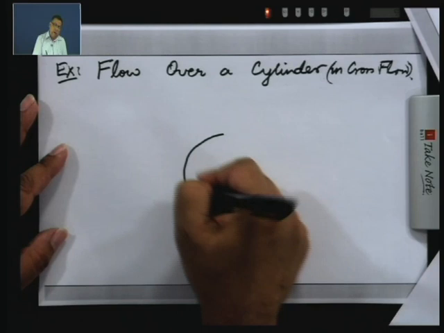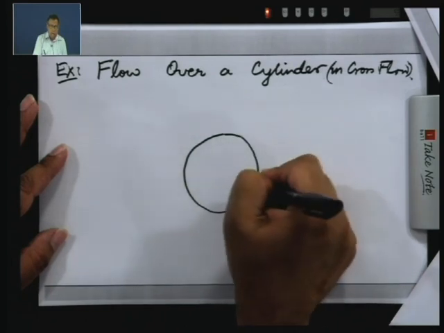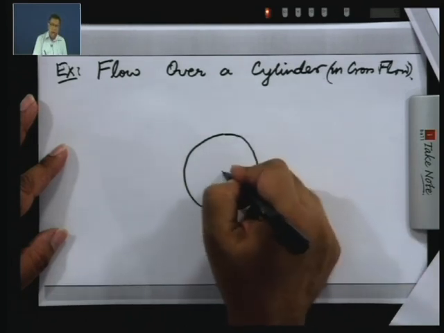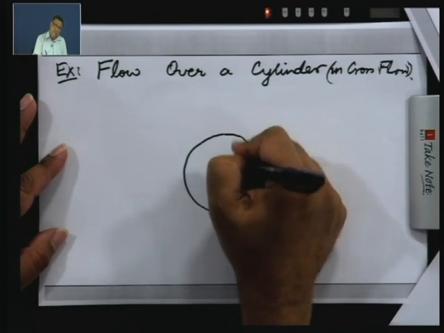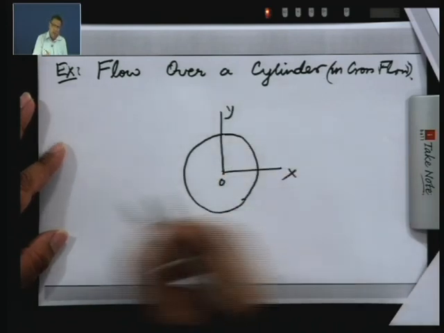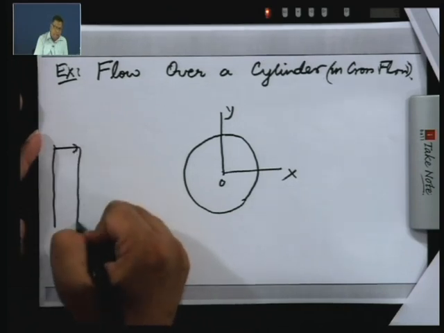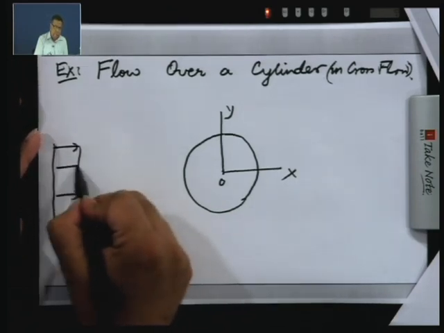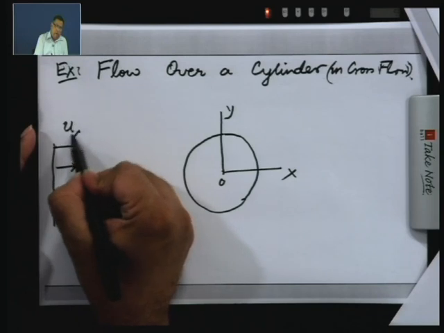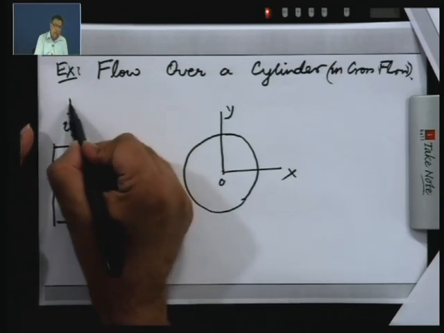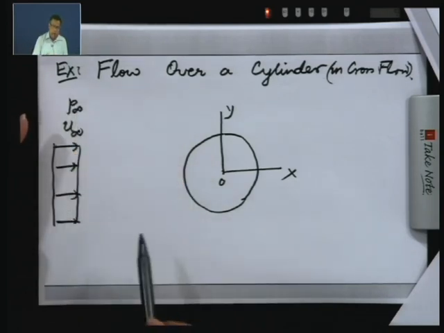So, you have a solid cylinder in the form of a circle, and I can have x this way, y this way, the origin, and let us say upstream you have a uniform flow with some velocity u infinity, and let us say the corresponding pressure is P infinity.